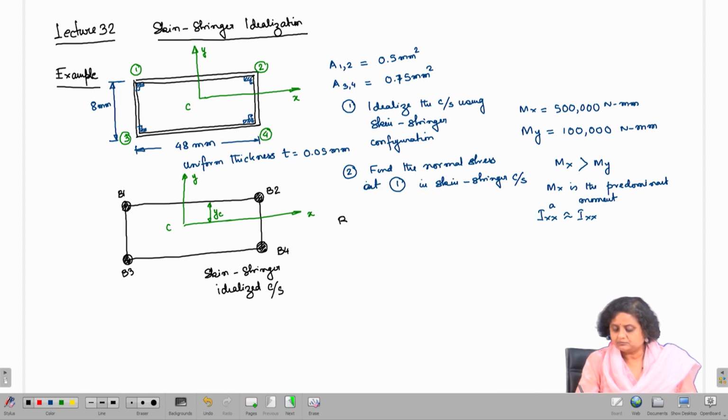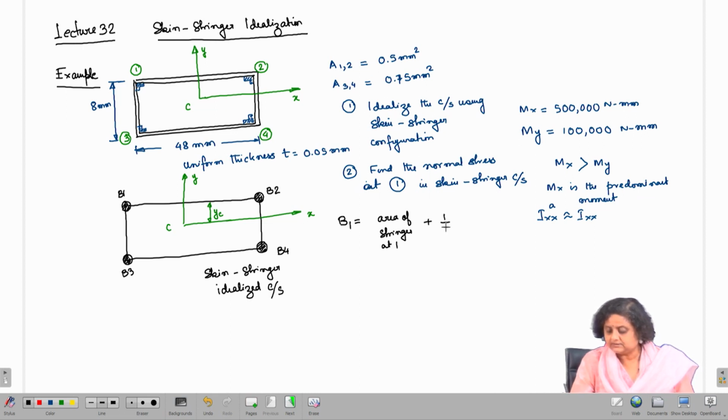So, the area of B1, as we know, is going to be the area of the stringer at 1 plus 1/6 of the area of the web, which is in this case 1/3, plus half of the area of the adjoining flange, which in this case is 1/2.